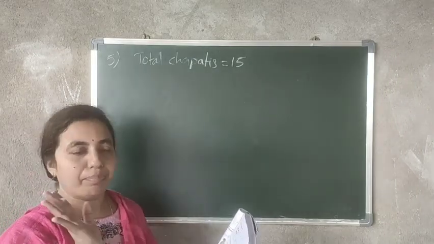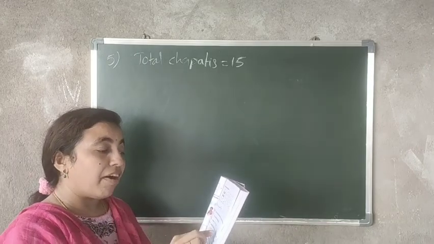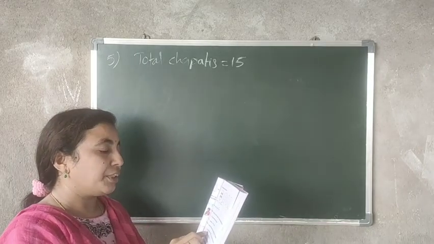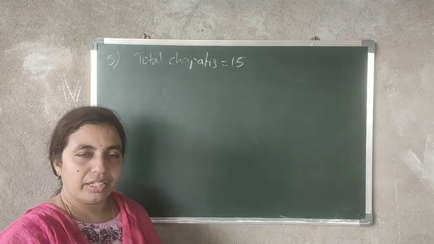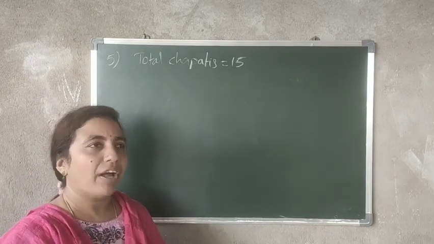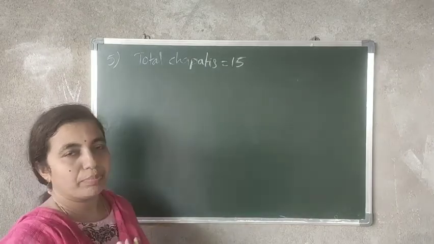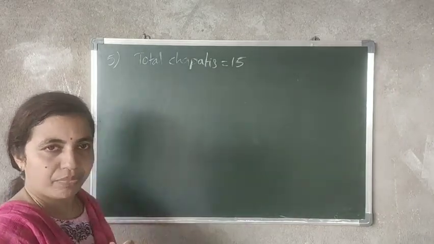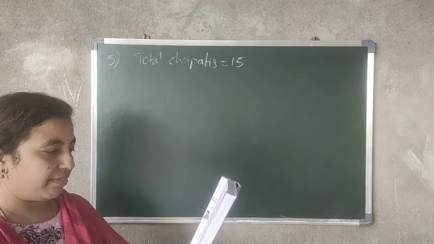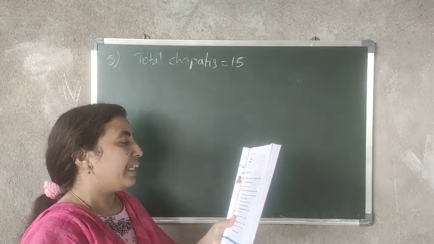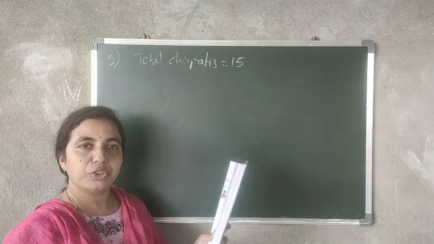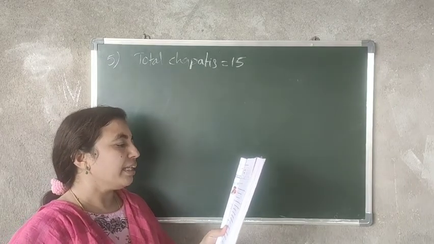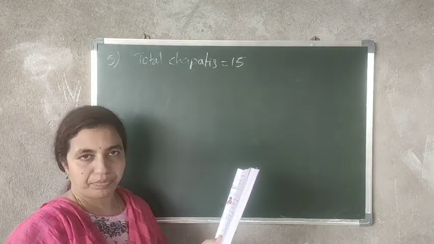She made 15 chapatis. Then what happened? 1 by 5 of the chapatis were consumed by the mother. Mother ate 1 by 5 of total chapatis. Total chapatis are how many? 15. So how many she ate? 1 by 5. Then 3 by 5 are consumed by the children and the remaining were eaten by the father.